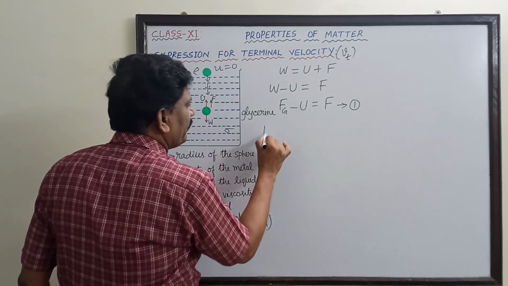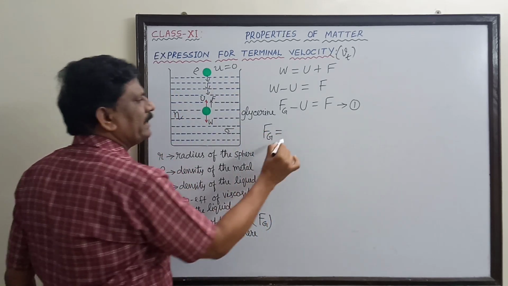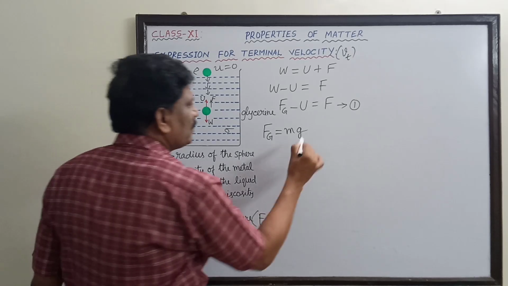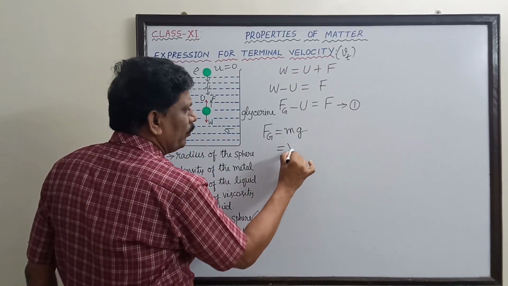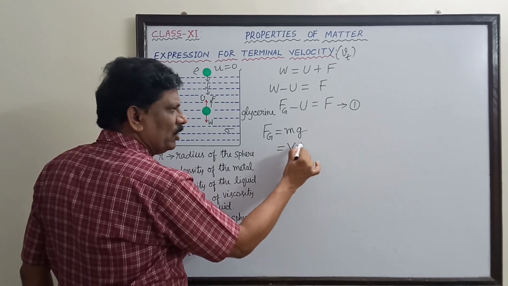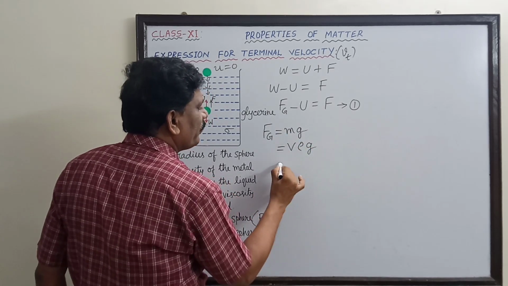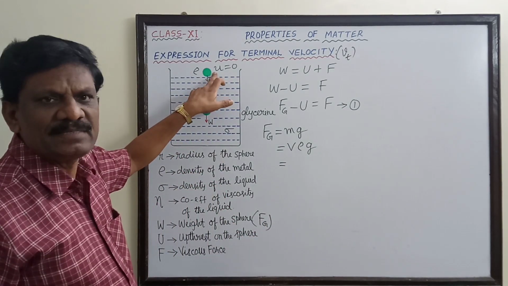The weight Fg is equal to the weight of the sphere, so it should be m into g. Mass is volume into density, so this is volume into density into g. Now, the shape of this metal is spherical.